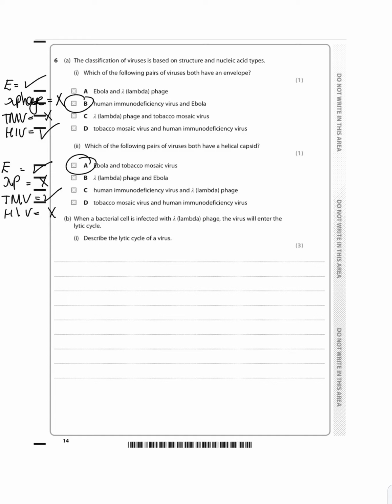The lysogenic cycle, the virus does enter the host cell and does integrate its DNA or RNA into the host DNA. However, the virus particle will not be synthesized. So what will happen is it will remain in the host cell. That host cell will divide by mitosis, and we'll have more host cells being made.